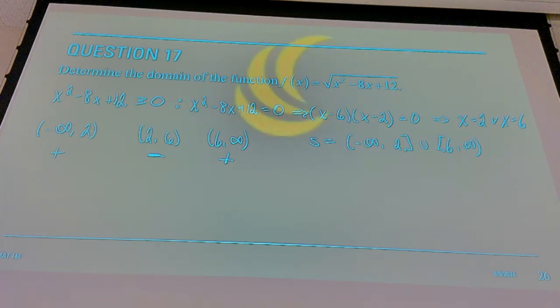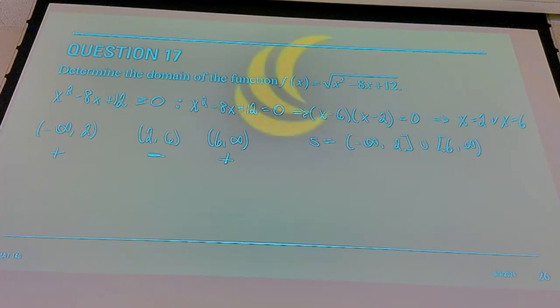So if it was negative infinity and then comma 0, what would that change? 0 would still be included if it's greater than or equal to. If 0 happened to be a breakpoint, it would change the number that I picked and change my test value.